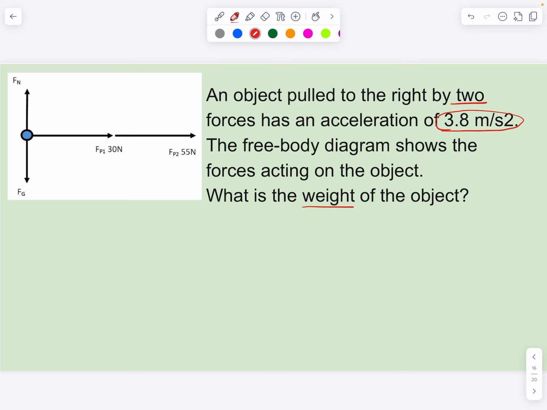All right, so we know it has an acceleration of 3.8. We know that combined, we have a net force of FP1 plus FP2. FP1 is 30 plus FP2 is 55, so we have a net force of 85 newtons moving in that direction.